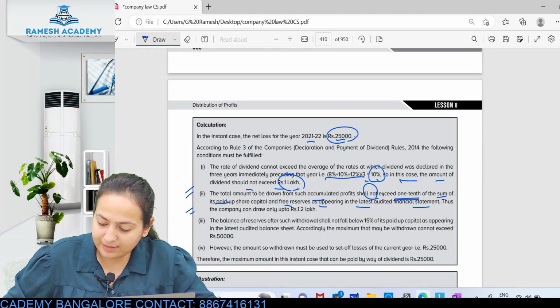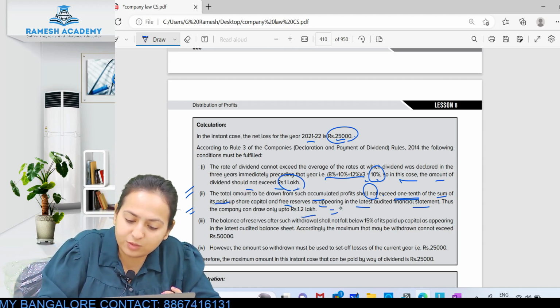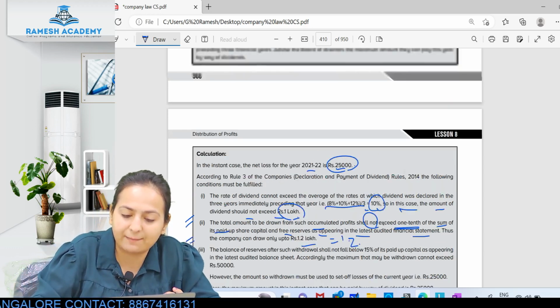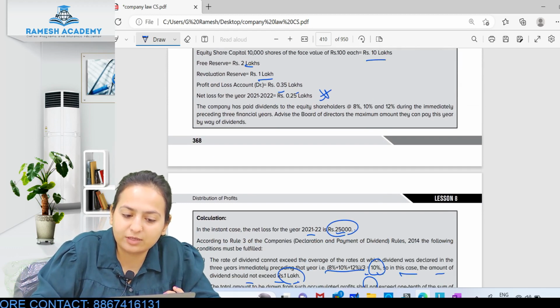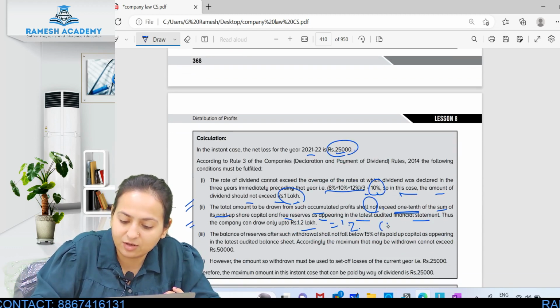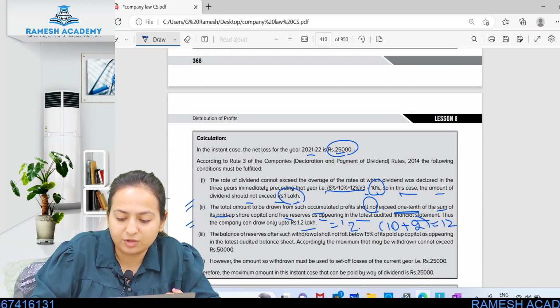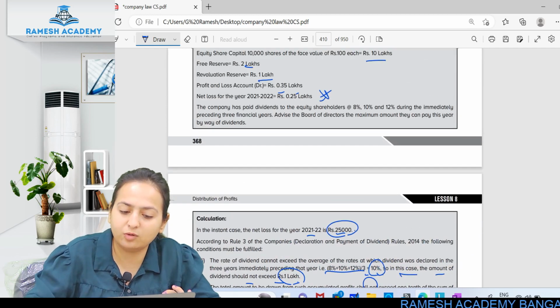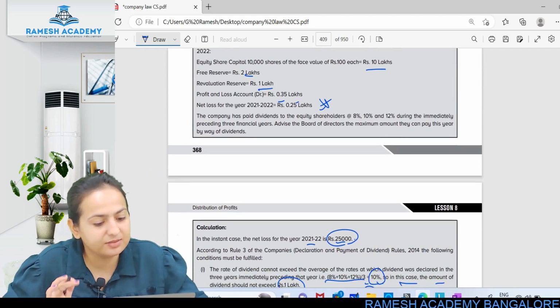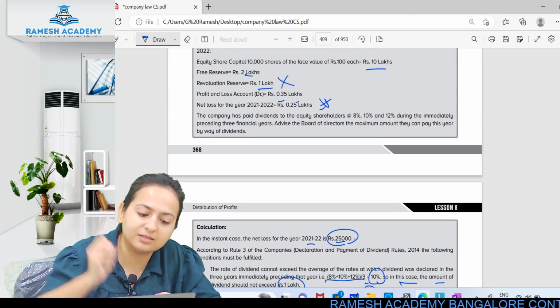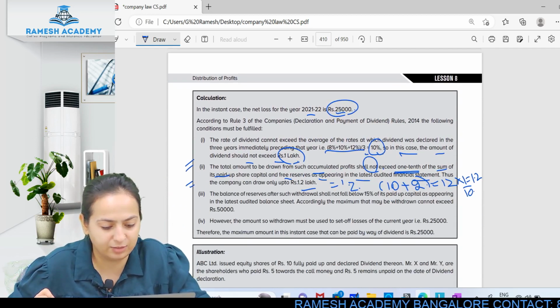So divided by 10, that is equal to 1.2 lakh. Equity share capital in this case is 10 lakh, so 10 lakh plus 2 is equal to 12. So 12 into 1/10 will come to be 1.2. So the amount will not exceed this free reserve because our revaluation reserve is not included.